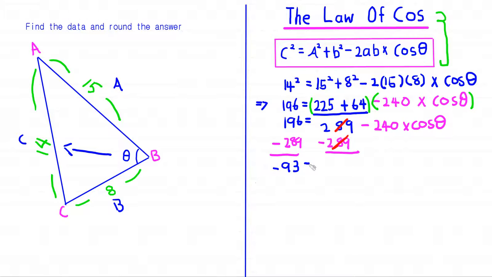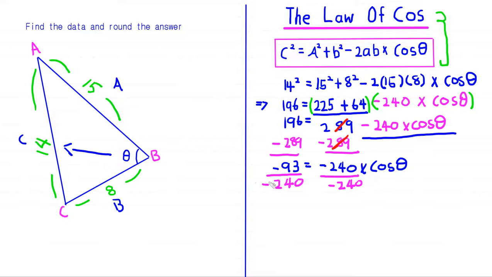That is equal to negative 240 times cosine of theta. We can divide both sides by negative 240 in order to isolate cosine of theta.